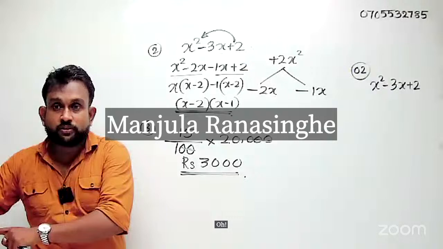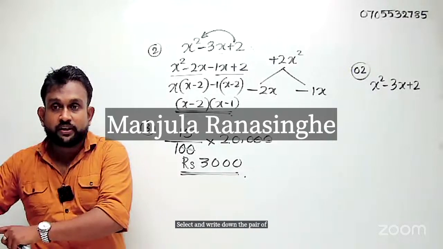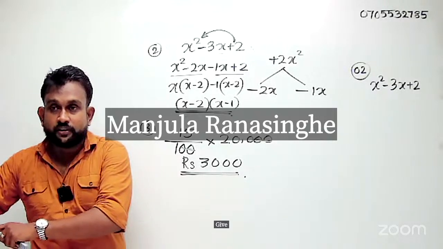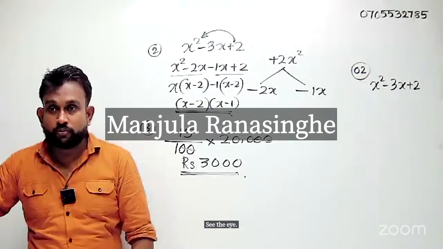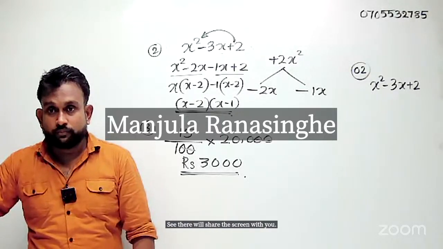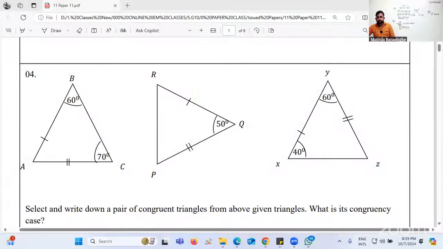Then we move to question number 4. Select and write down the pair of congruent triangles from the given triangles. I will share the screen with you. Whenever there are this type of questions, my advice is to mark the not-given angle first.